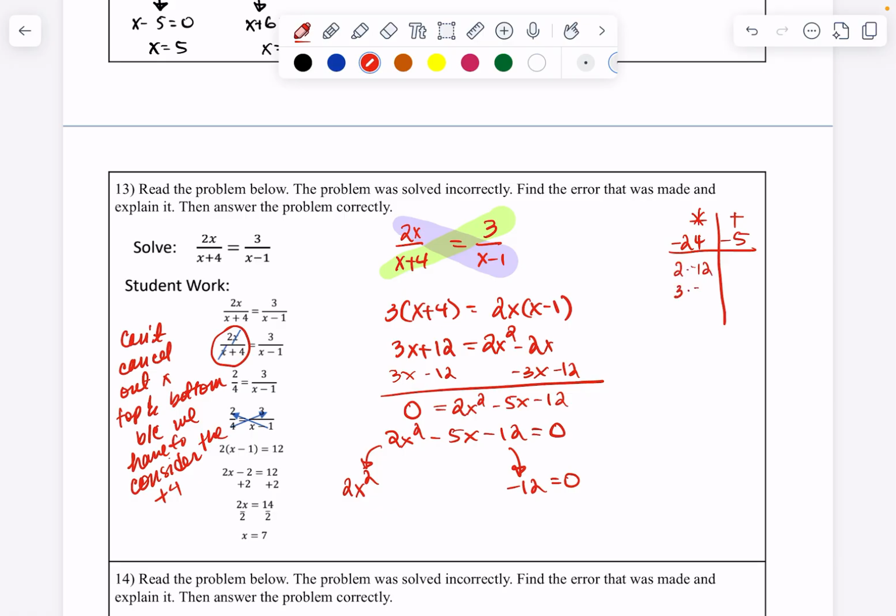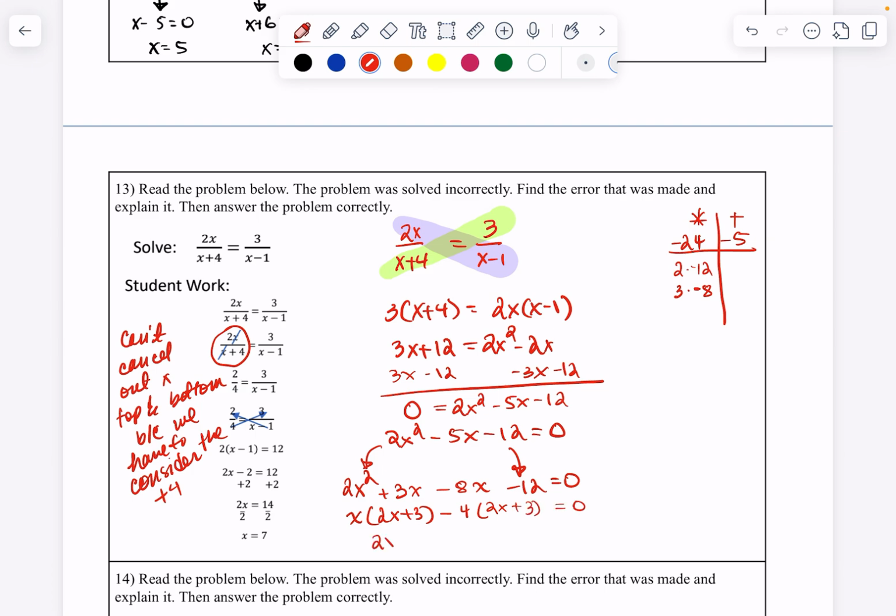I think 3 and negative 8 would do. Yeah, 3 plus negative 8 does add up to negative 5. So we have positive 3x and then minus 8x. So let's pull out a GCF of x, which gives us 2x plus 3, and then minus 4, which gives us 2x plus 3 again, equals 0.